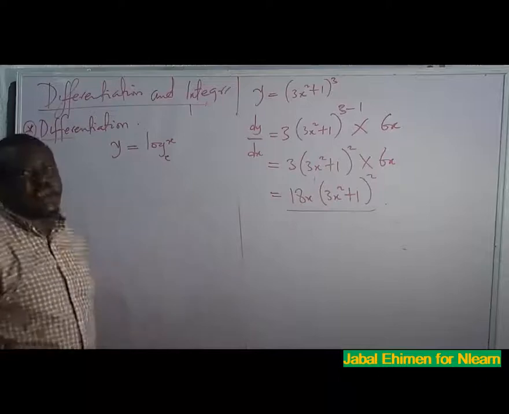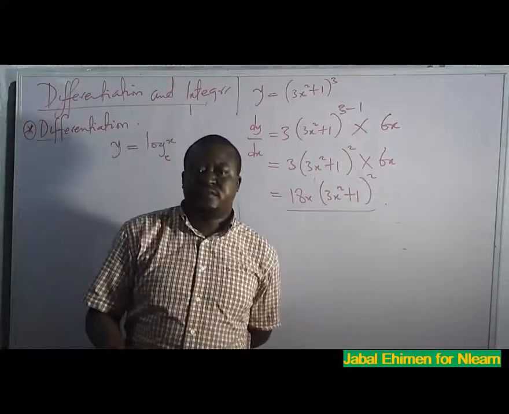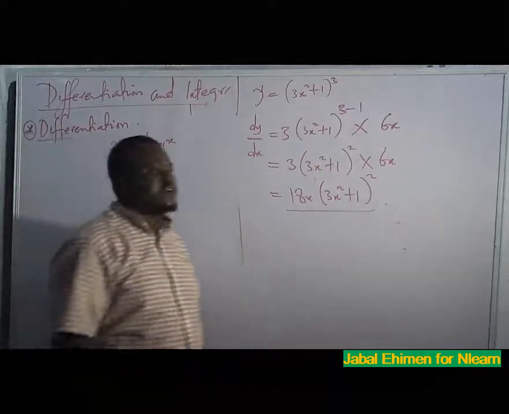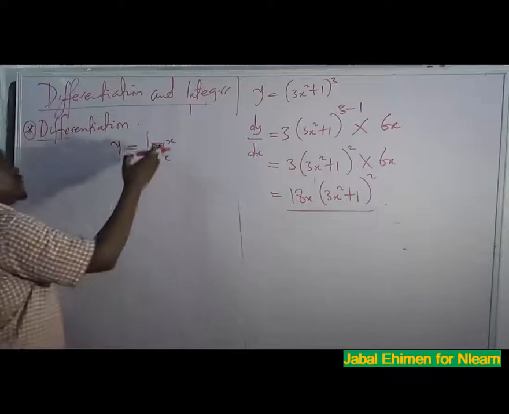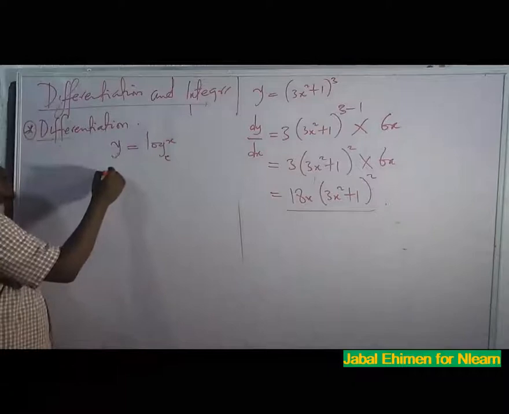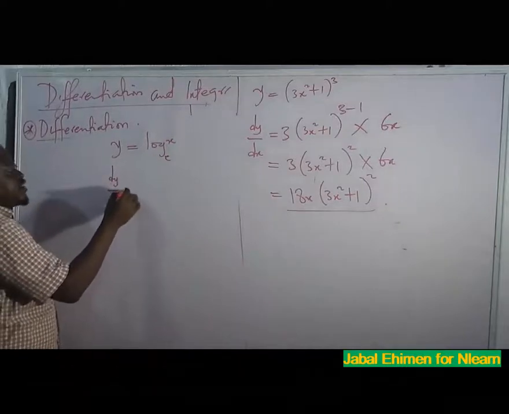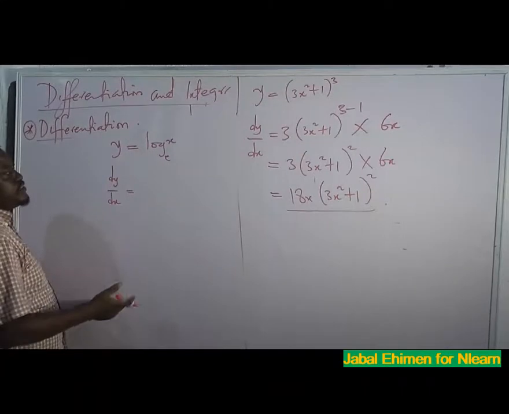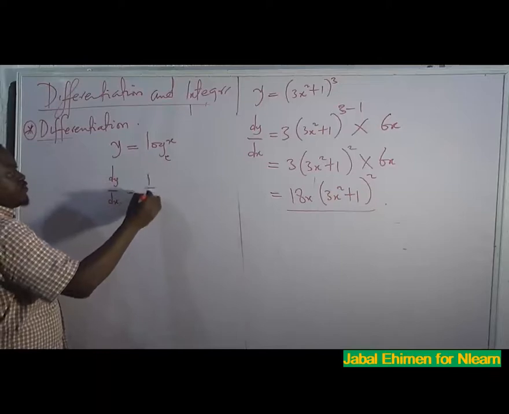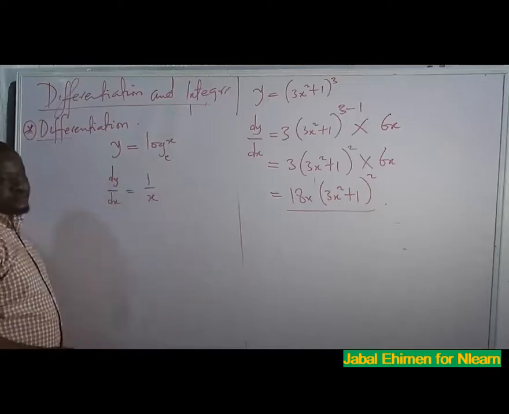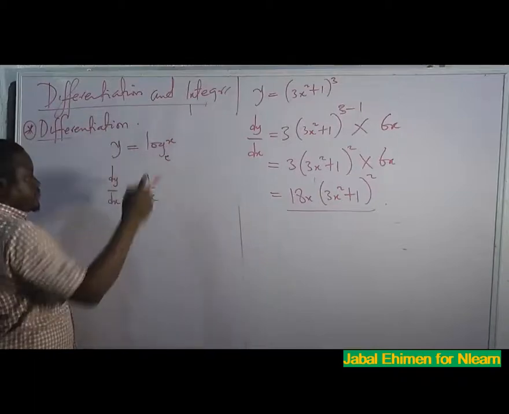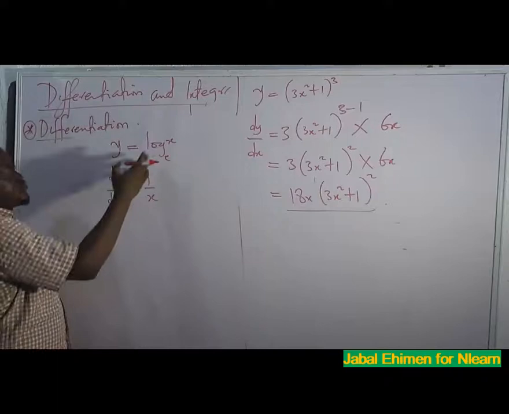The e is the Napierian logarithm, which can also be written as ln x. Now, dy over dx of this expression can be represented as 1 over x. So y is log x Napierian, and dy over dx of it is 1 over x.